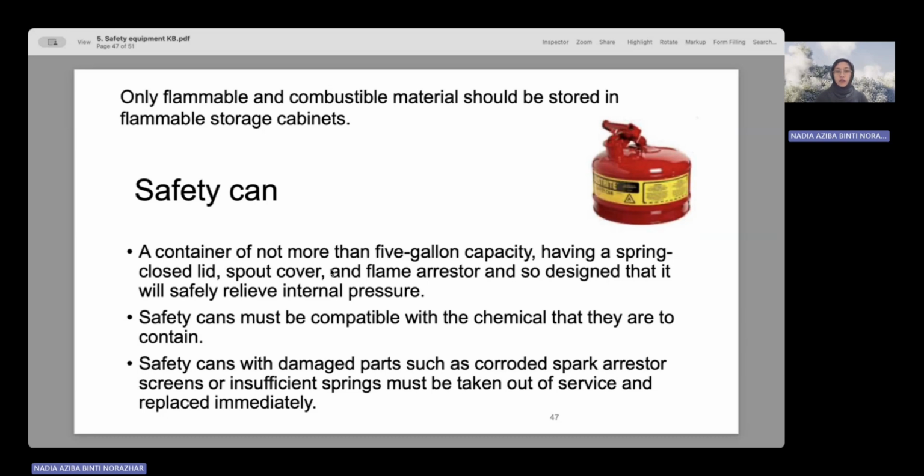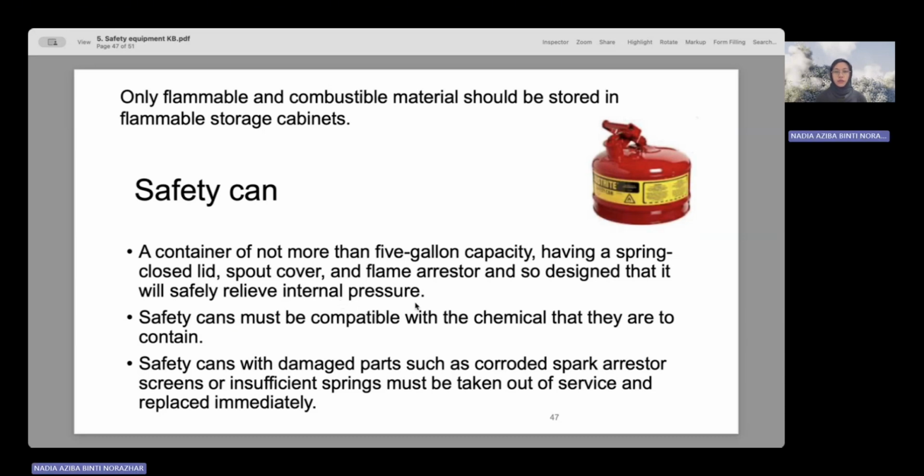It is a container of not more than 5-gallon capacity. It will have a spring closed lid, spout cover, and flame arrestor, and it's designed so that it will safely relieve internal pressure.